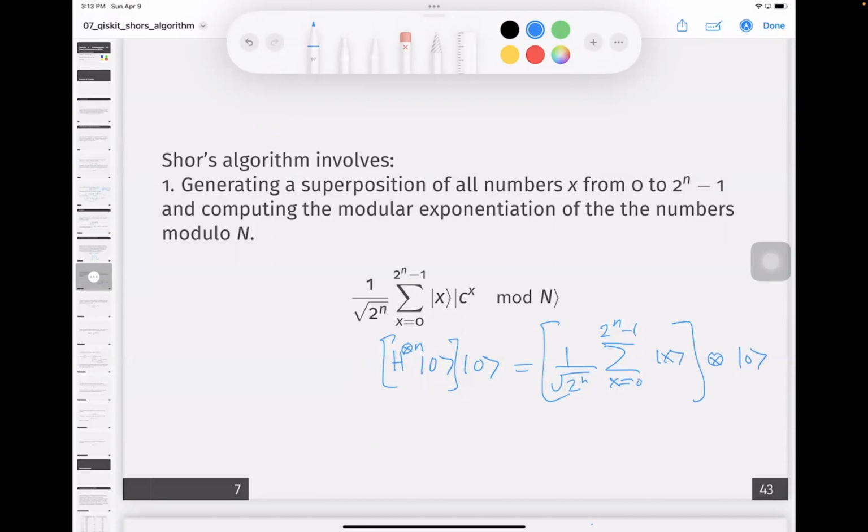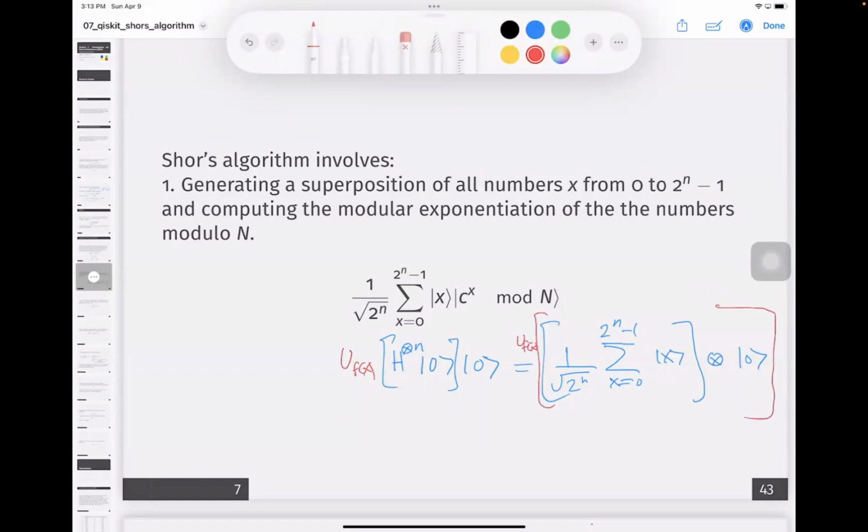Once we have that, the next thing we'll do is apply the modular exponentiation function. Here we apply an operator U f of x which will compute f of x to everything here.